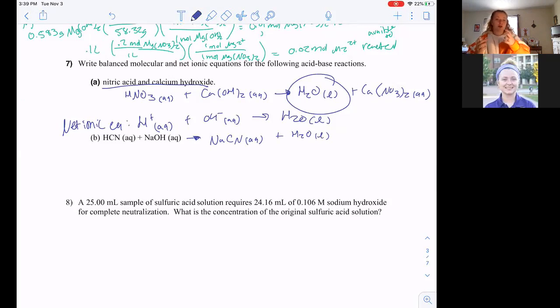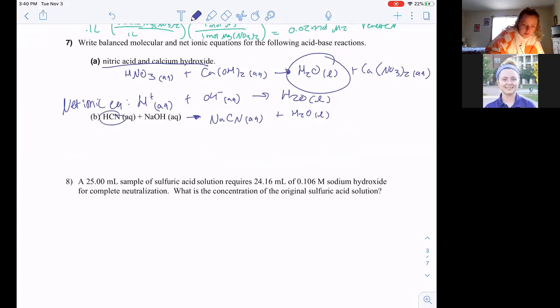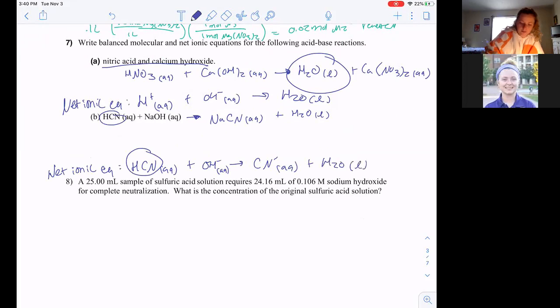Nitric acid is a strong acid, so that's why in your net ionic equation, your H can be represented as an H plus by itself, because it's a strong electrolyte. It's going to break apart easier. This is not as strong, so that's why your net ionic equation is HCN, which is aqueous, plus OH. It's not a strong electrolyte. That's why you have this here. Goes to CN minus, which is aqueous, plus H2O, which is a liquid. Okay.